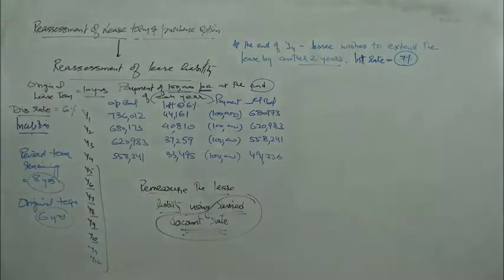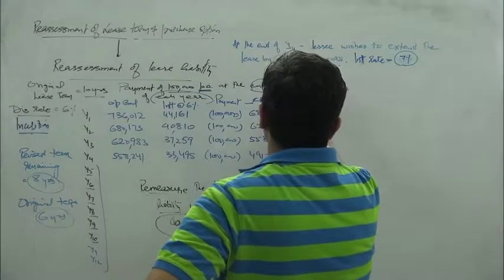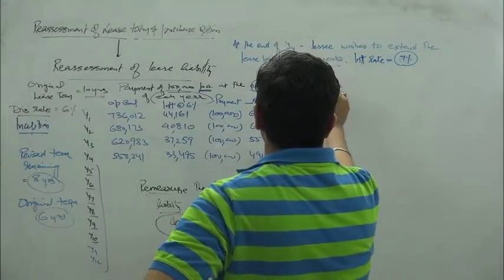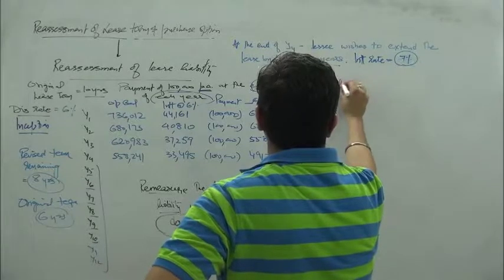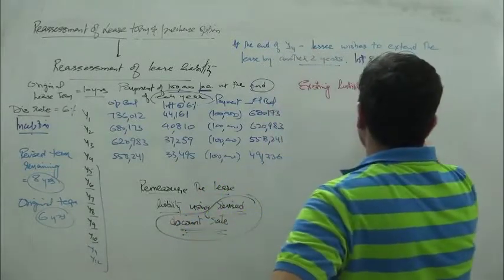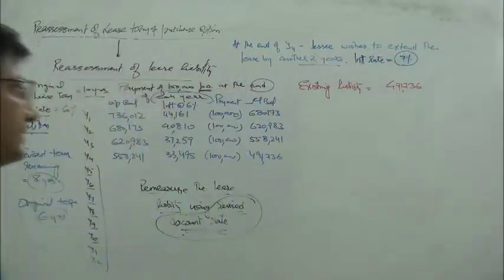So what we are saying now is, here I have my existing liability, which is 491,736.